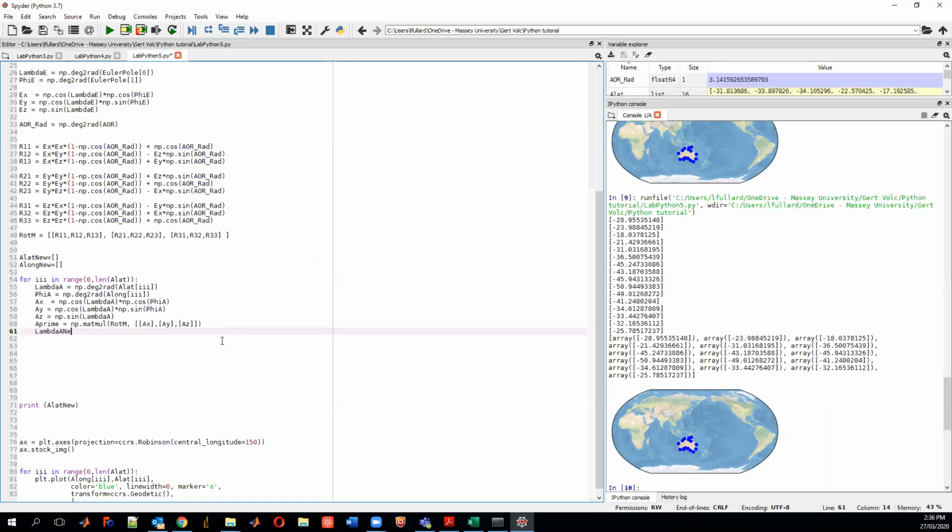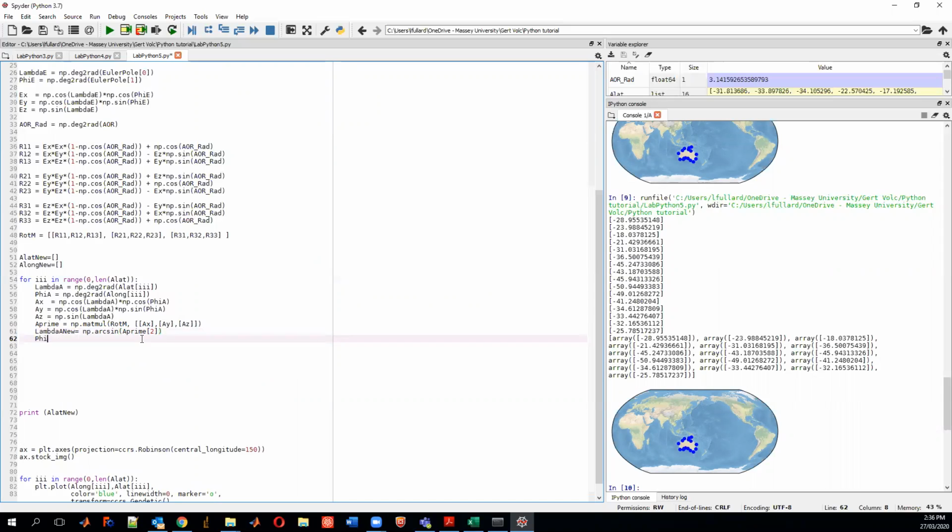Lambda A nu is equal to, in NumPy, the way we can take the inverse sine is the arc sine of A prime 2. So we can get that lambda pretty easily.